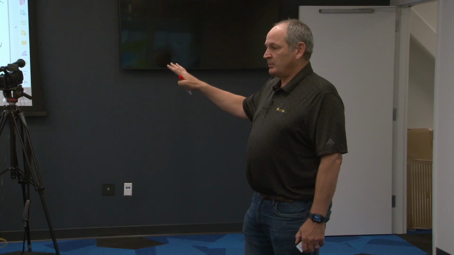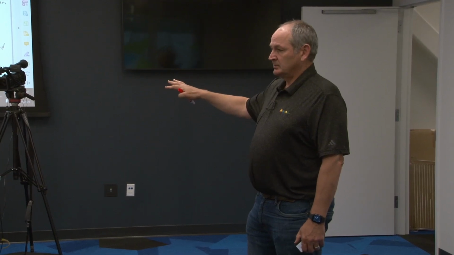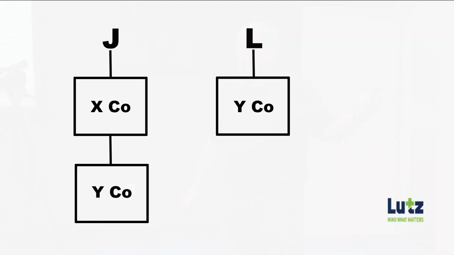So now, one of the rules says that an S corporation can only be owned by an individual. So if it's not owned by an individual, and we're going to cover this, it can't be an S corporation. Is Xco an individual? It's not.